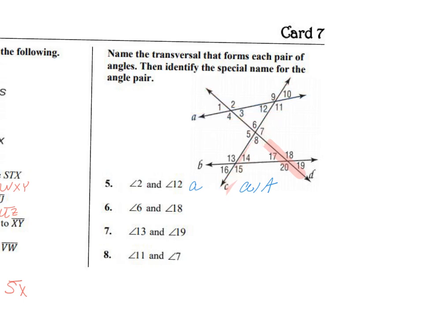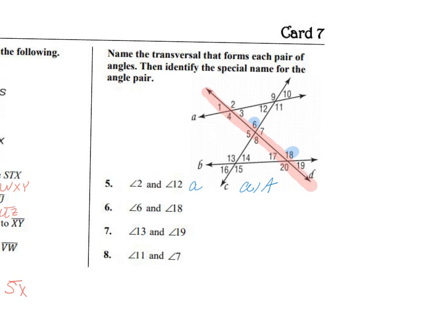Okay, if we look at the next one here, angle 6 is here and angle 18 is here. And so if we're looking for 2 lines and then the transversal that we would be talking about is right there.